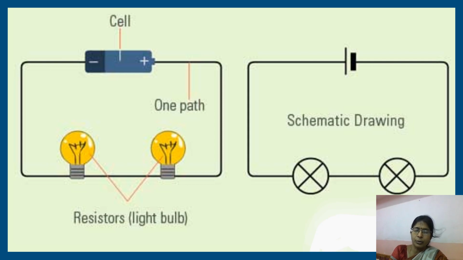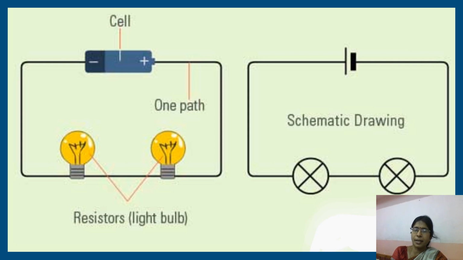So here you can see that all the components of the circuit are connected in series. Like a battery, one terminal is connected to one terminal of the bulb, and the other terminal of the bulb is connected to one terminal of the next bulb, and its second terminal is connected to the positive terminal of the cell.